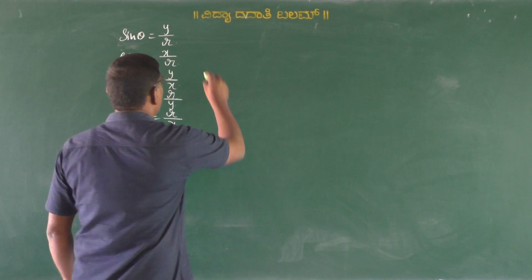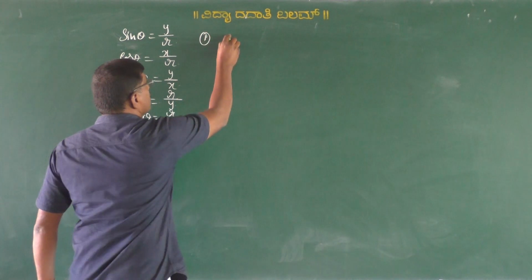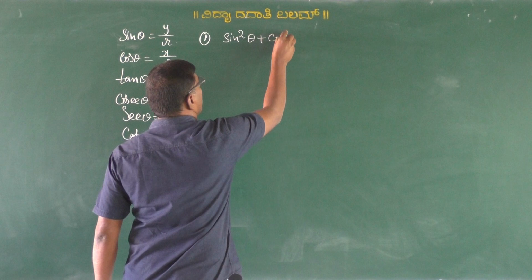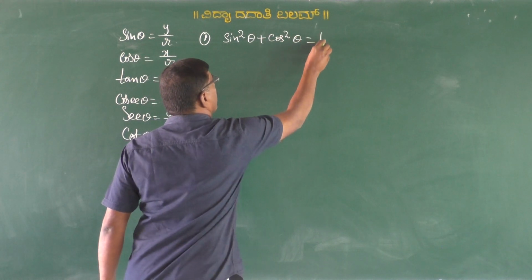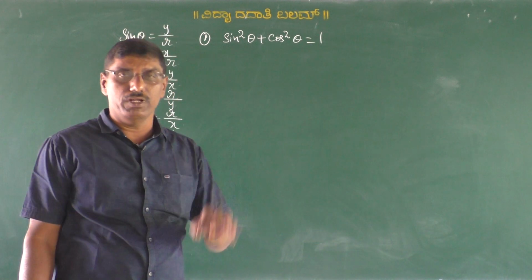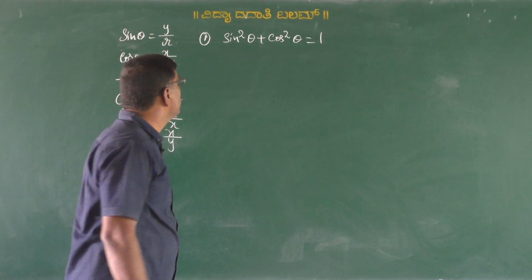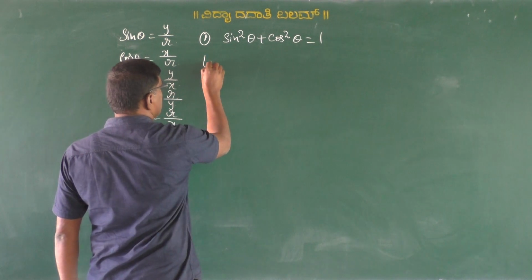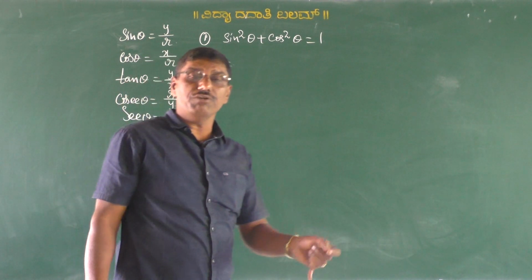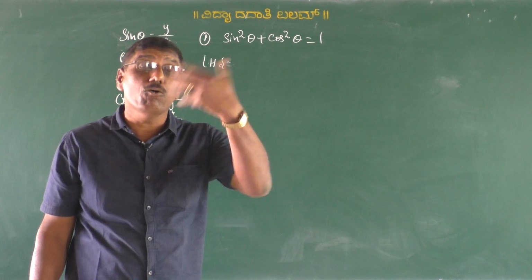The first one, my dear students, is sin square theta plus cos square theta is equal to 1. This is one of the identity formulae. See here, take LHS. LHS is equal to sin square theta, which is the same as sin theta whole square.